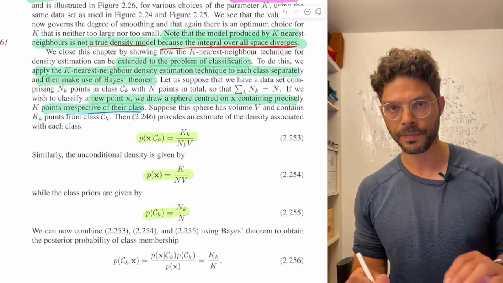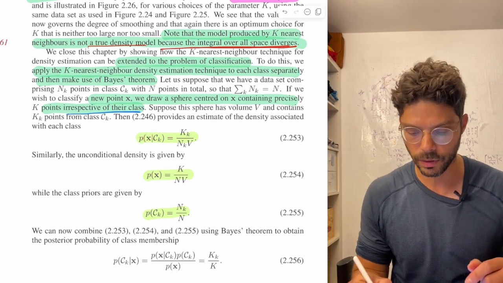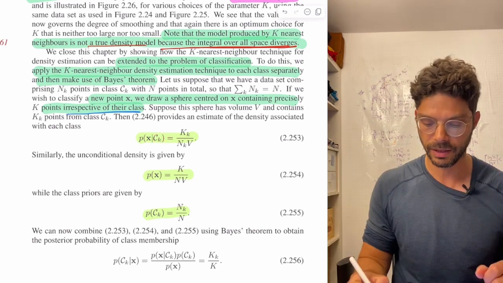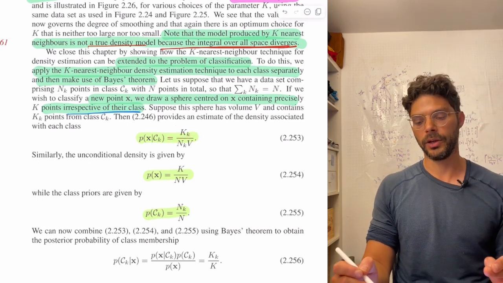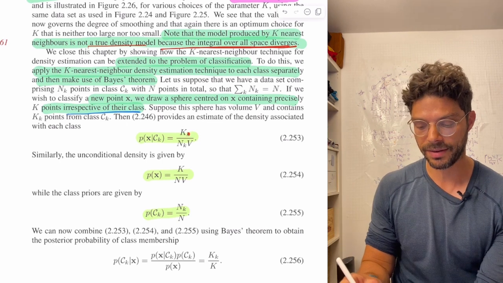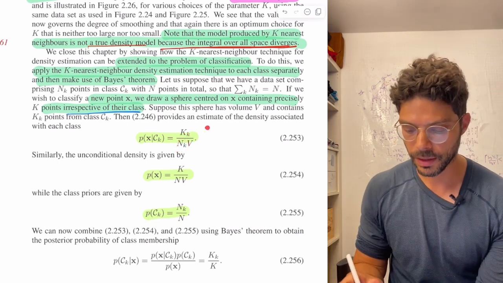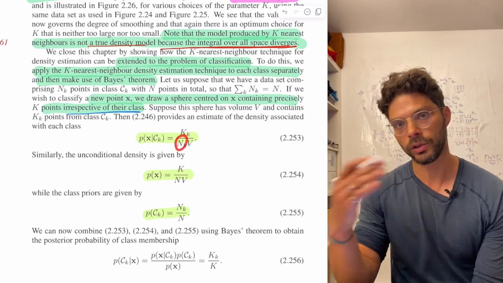So now notice what you're doing here. You're saying the likelihood of this class, or the probability of the data point given this class, is going to be proportional to the number of points in that class in that volume divided by the total number of points in that class.